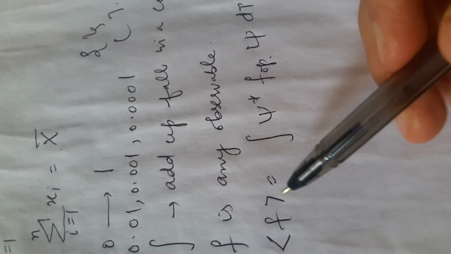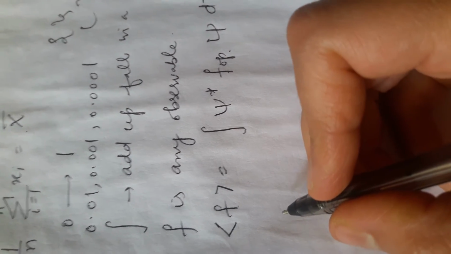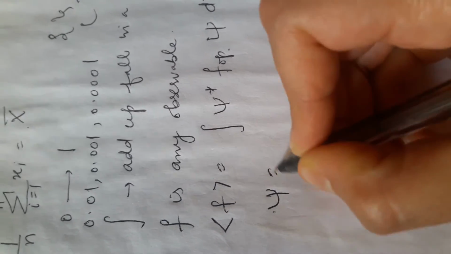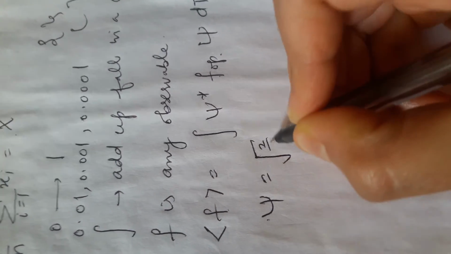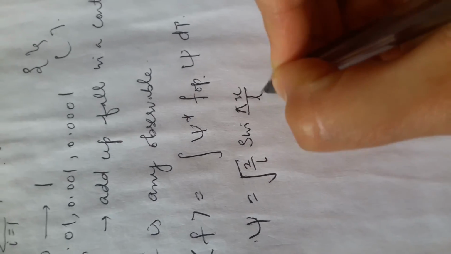No, you have to be very specific about notations, that expectation values are always put in the curly braces of this type. Now, as an example, let us again choose the particle in a one-dimensional box whose wave function is given by under root 2 by L sine of pi x by L.